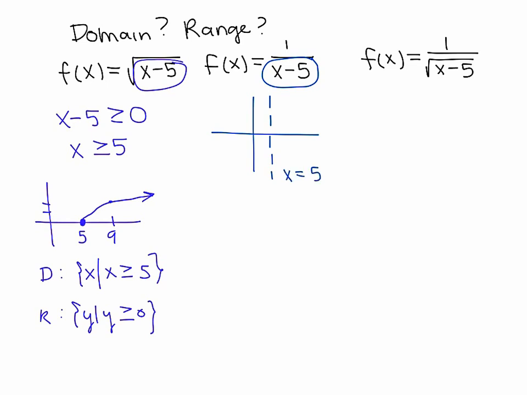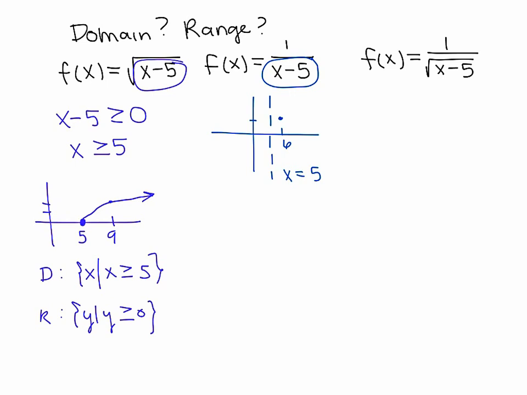And let's plug in some numbers to see what the graph is going to look like. If x is 6, it's 1 over 1, so that's going to be 1. So when x is 6, it crosses at 1. Same idea, as x gets bigger and bigger, we're dividing 1 by bigger and bigger numbers.